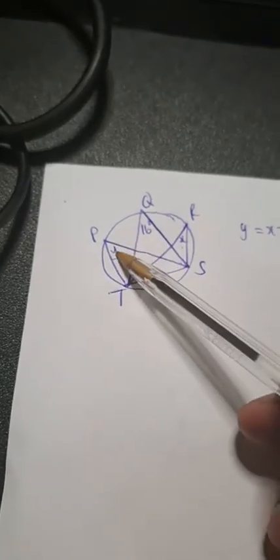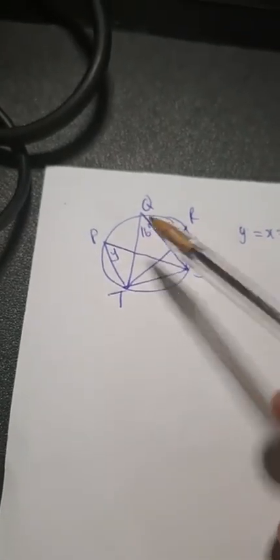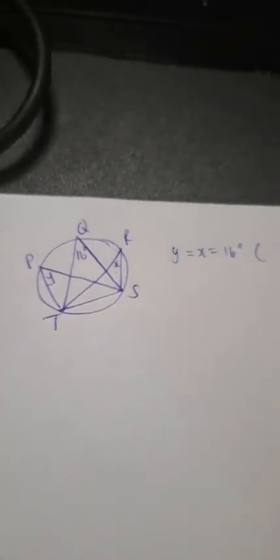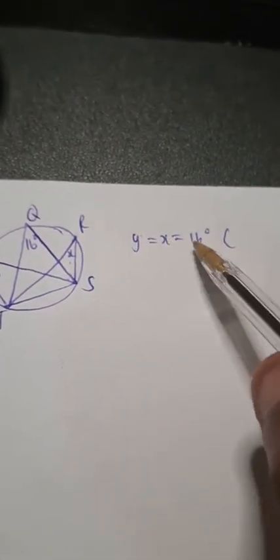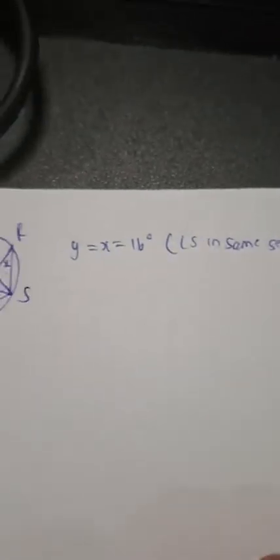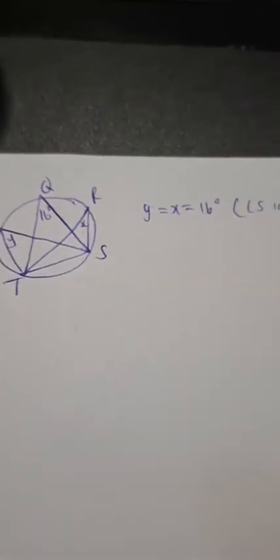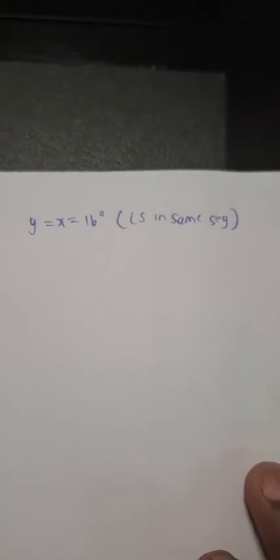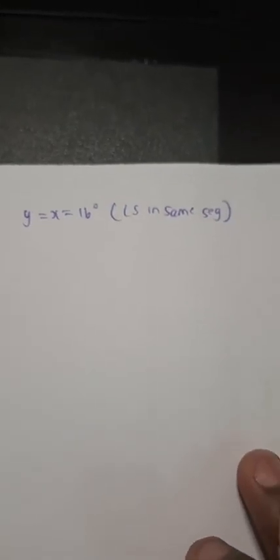That's why we say Y and X and 16 are equal. Therefore, Y is equal to X is equal to 16 degrees, angles in same seg.